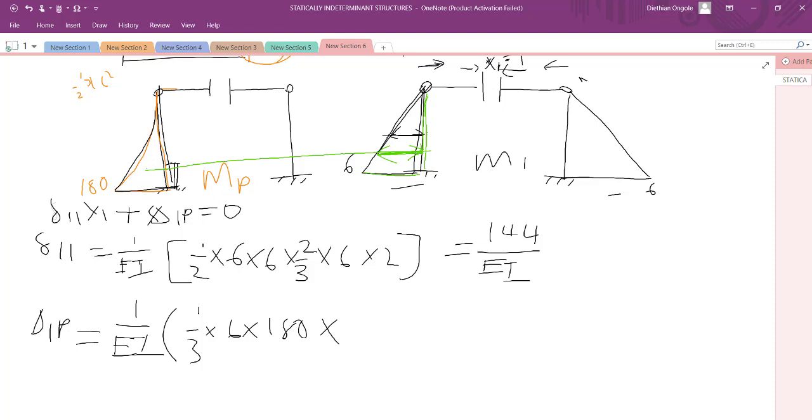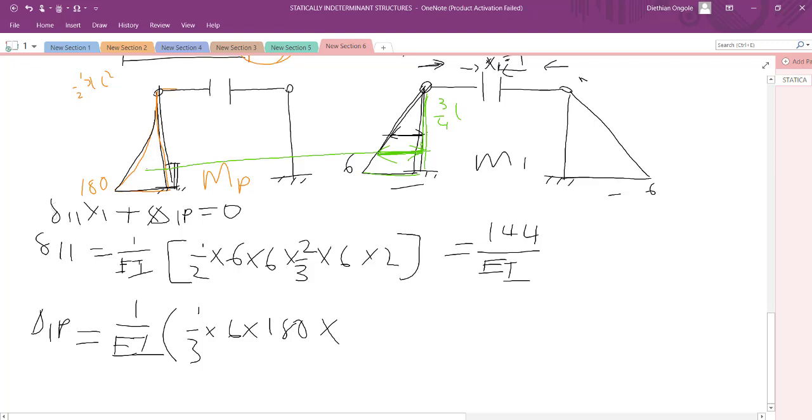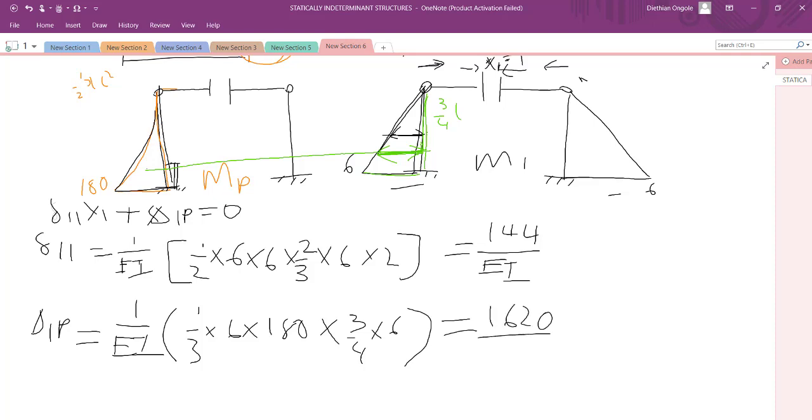So this one here would be 3 over 4 L, therefore this height would also be 3 over 4 L. So I multiply this by 3 over 4 times L. Our L is 6. This would be equivalent to 1620 divided by EI.